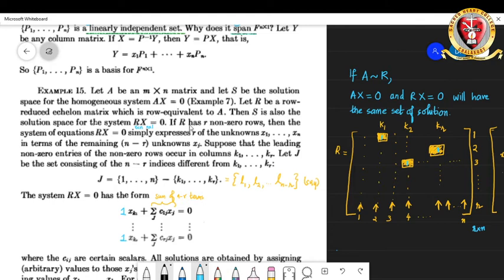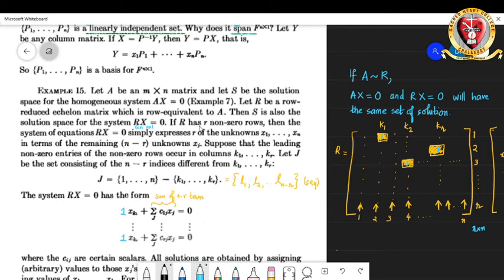So if R has small r non-zero rows, R is a row reduced echelon matrix. So we know that the first non-zero entry of each row will be 1, and the entries below and above that 1 will be reduced to 0 in the final step.